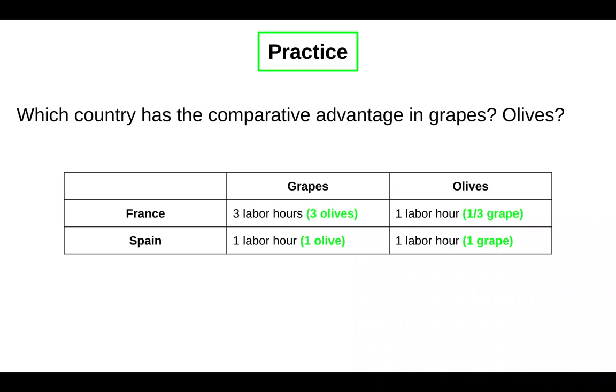So with that out of the way, which country has the comparative advantage in grapes? Well, I would rather give up 1 olive than 3 to produce grapes. Because Spain gives up 1 olive, they should produce grapes, and therefore France should produce olives because they give up fewer grapes, just like that.